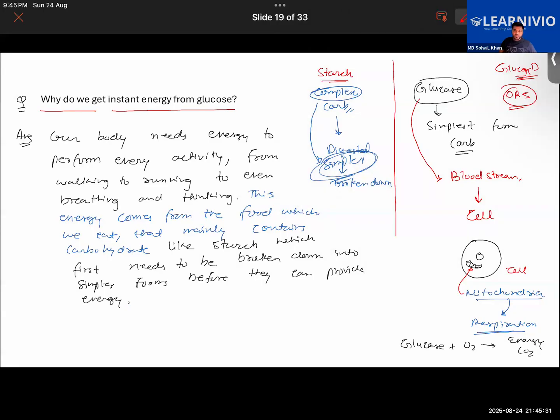Now, however, glucose being the simplest carbohydrate does not require digestion. It is directly absorbed into the blood.